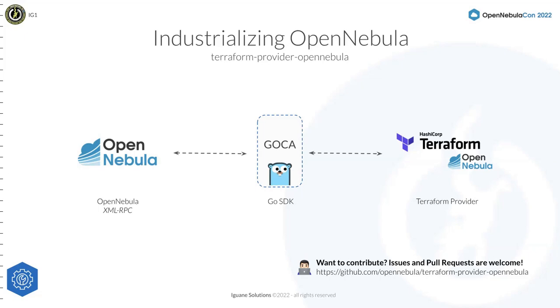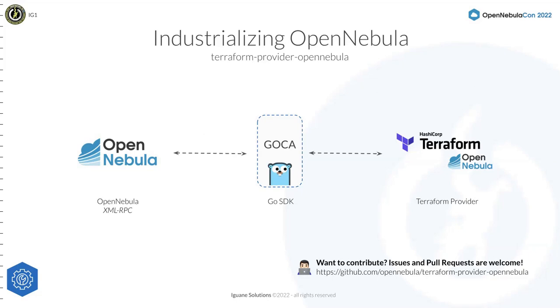So we decided to develop a new provider using the Go bindings, because Terraform is developed in the Golang language. As OpenNebula provides Go bindings, thanks to the GOCA, we decided to redevelop the provider using Go bindings.